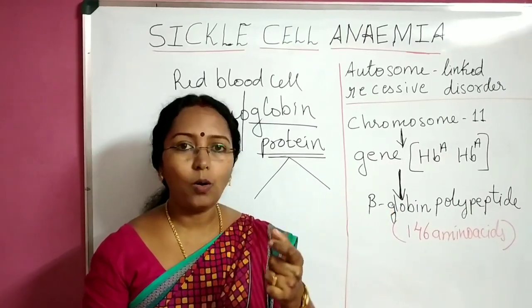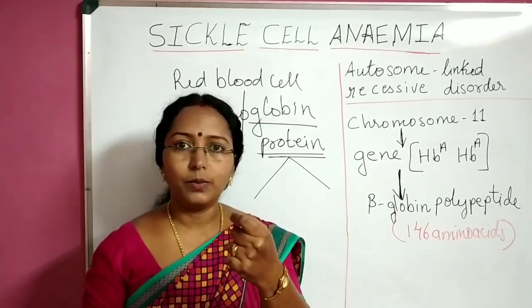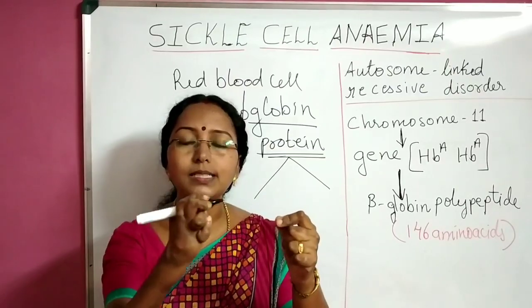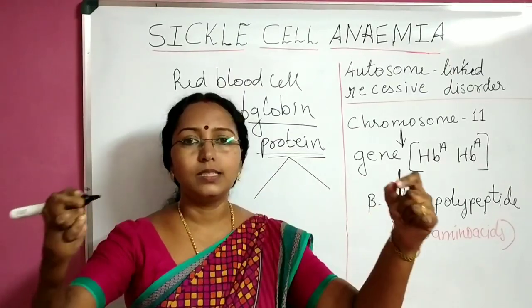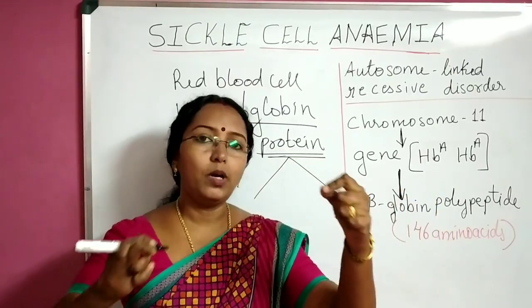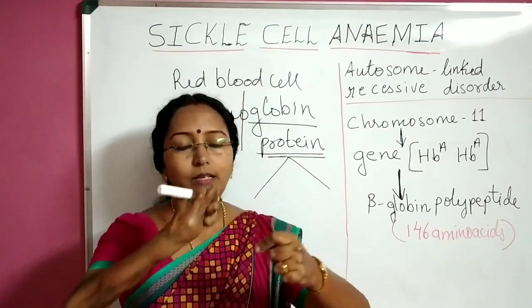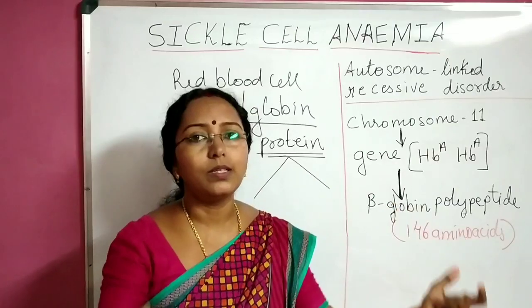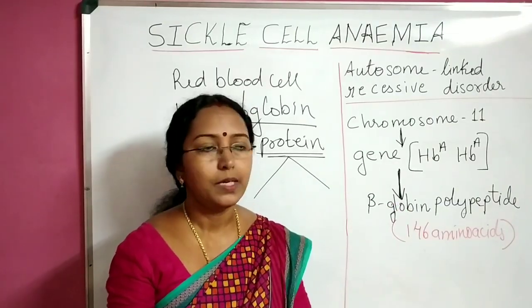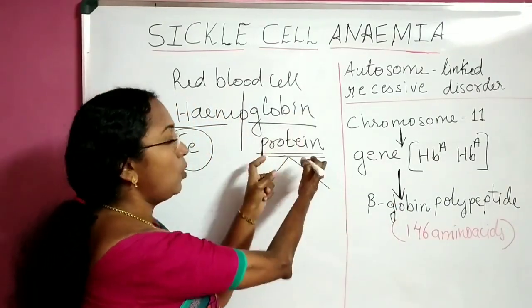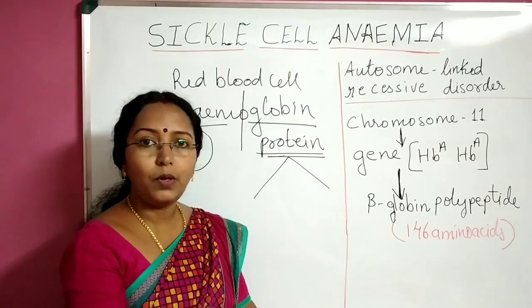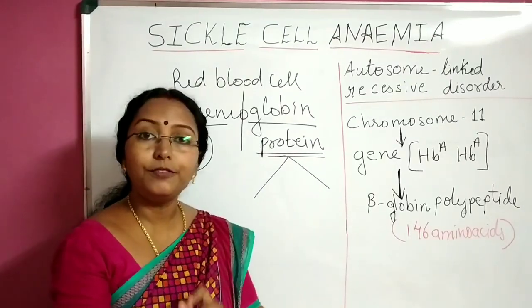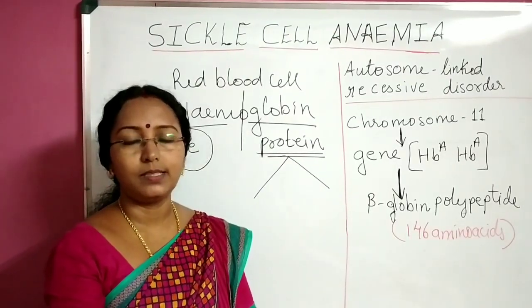Peptide is a bond present between amino acids. When amino acids are linked, you get a polypeptide. When polypeptides are folded in a particular manner so that they become functional, you call it a protein.